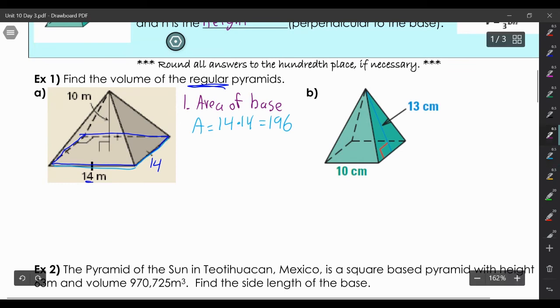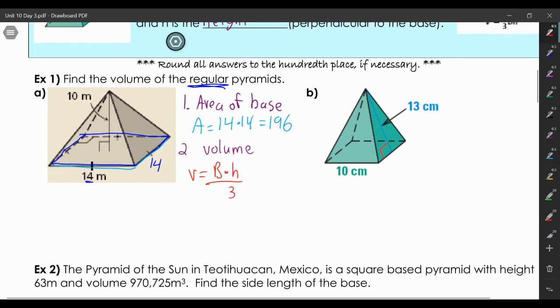Then to calculate the volume, the volume of a pyramid is the area of the base times the height divided by 3. We know that the area of the base is 196. Now it's important to know that the height is always perpendicular to the base.